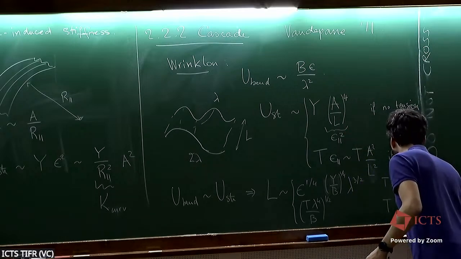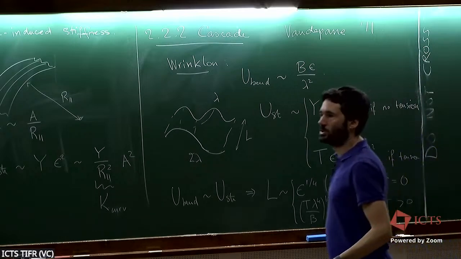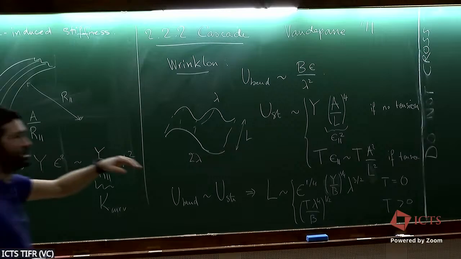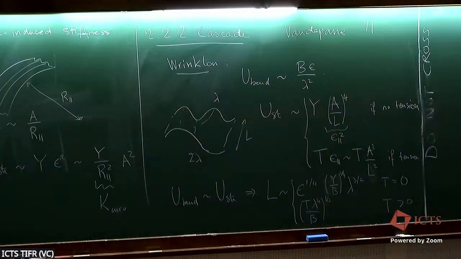If T is non-zero. T equal to 0 and T non-zero makes a difference because in curtains you have the weight. At the bottom of the curtains you have little tension because you have no weight there. But at the top of the curtain you have the weight of the whole curtain pulling, so this is strong tension.